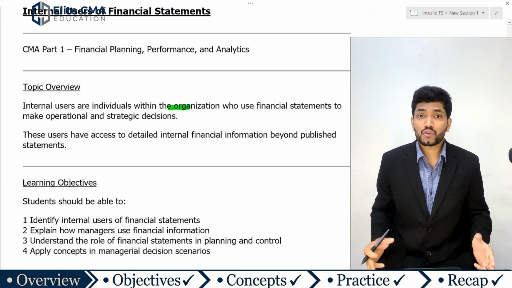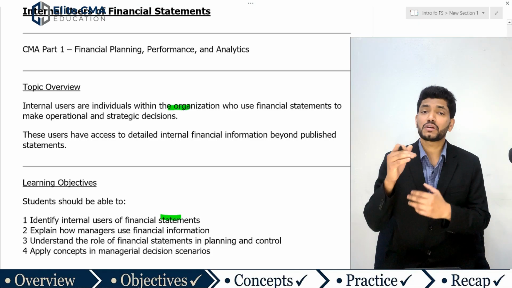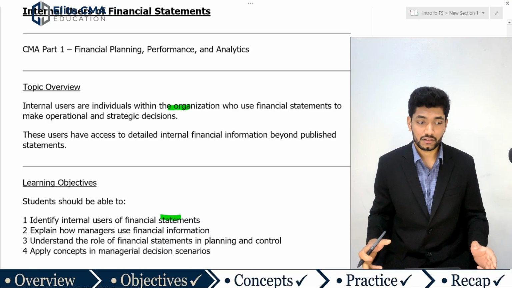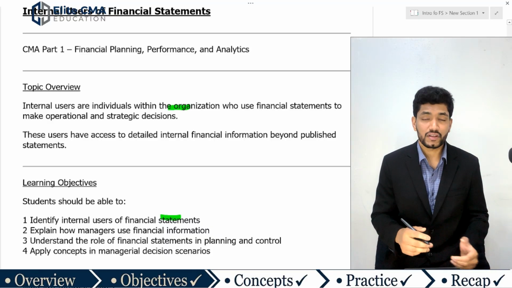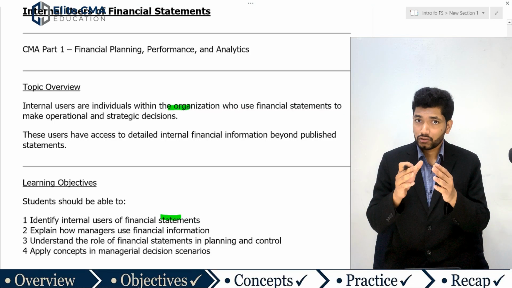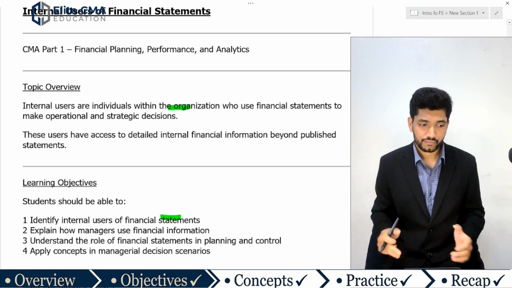So the learning objectives of today's session: first, to identify the internal users of the financial statement, just to list out and identify who the internal users are. The second objective is to explain how managers use financial information to make their various decisions in their working process.